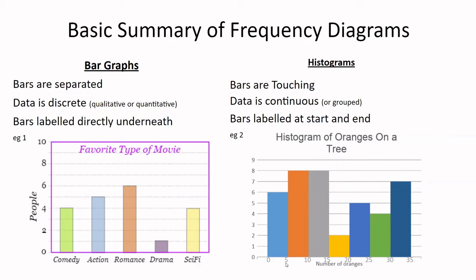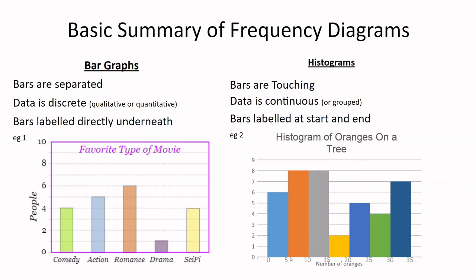And again, it's a frequency diagram because up the side, these numbers tell me how many trees had between 0 and 5 oranges on it. There were 6 trees with between 0 and 5 oranges on it. There were 8 trees with between 5 and 10 oranges on it, and so on.